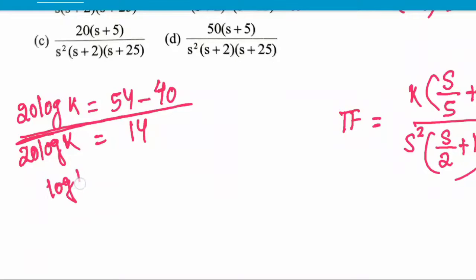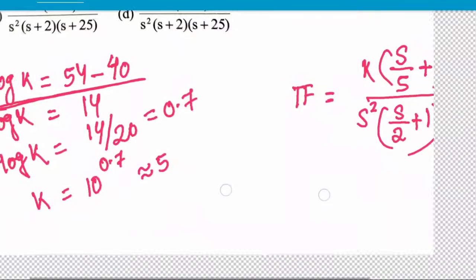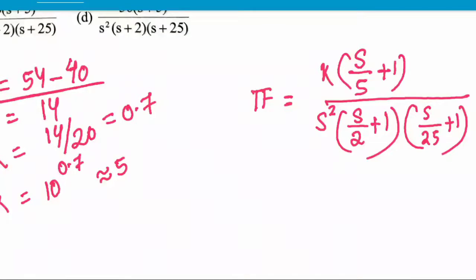Log k is equal to 14 by 20, around 0.7, and k is equal to 10 to the power 0.7, which is equal to 5. So k is equal to 5, and we can replace k with 5.